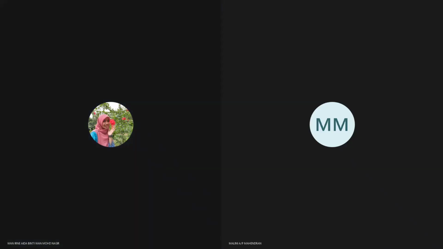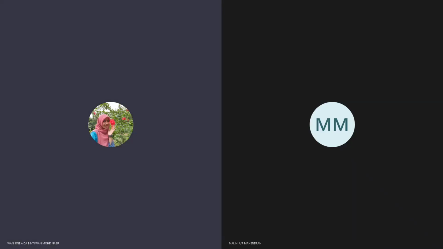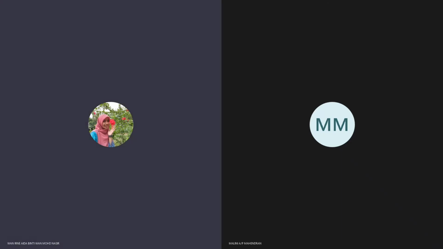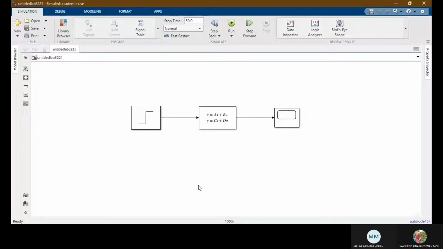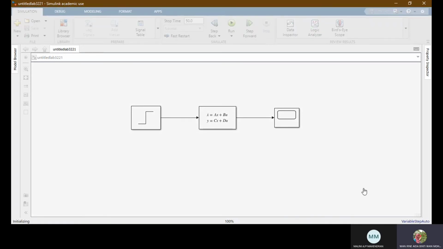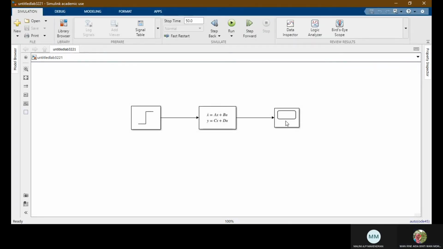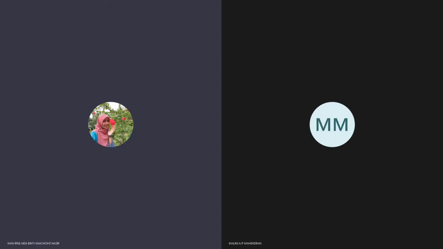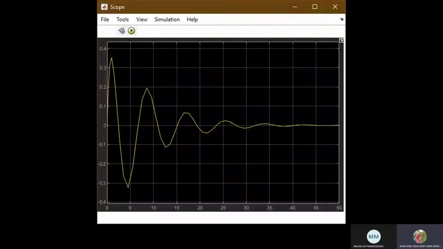Next, for the Simulink model for part A, as shown, and then we run it, and the figure is as shown here.